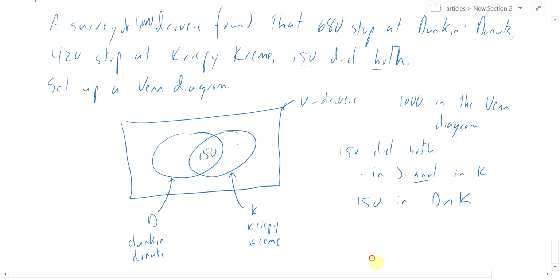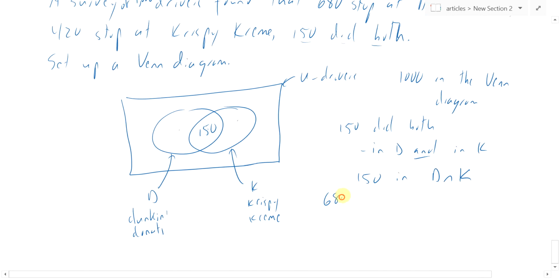Now, 680 stopped at Dunkin' Donuts. So that means there's 680 total drivers in D. But we know 150 are in D intersection K. So D is this whole circle, so this region and this region. We know there's 150 there, and we know there's 680 total.